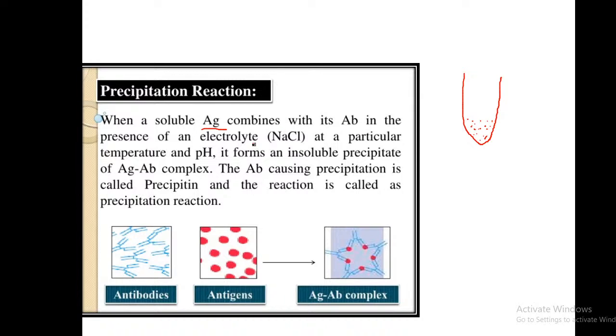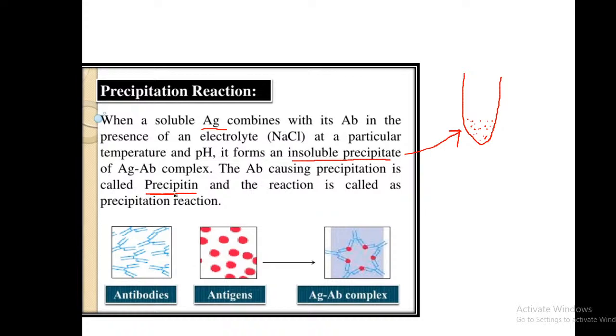So precipitation reaction means when a soluble antigen, it can be a protein, combines with its antibody in the presence of an electrolyte, body fluids, and a particular temperature, it forms an insoluble precipitate. It forms the insoluble precipitate of antigen antibody complex. And the antibody which caused this precipitation is called precipitin.